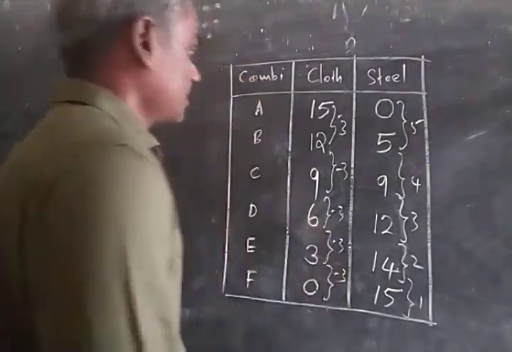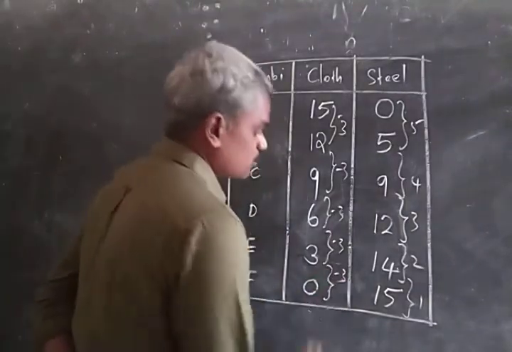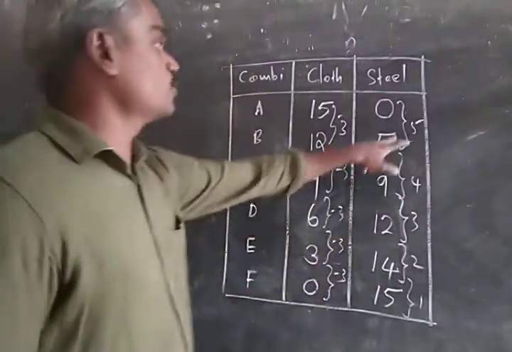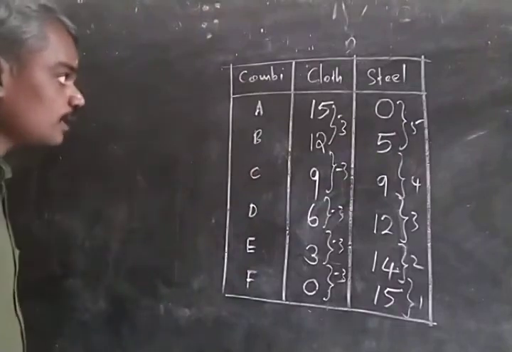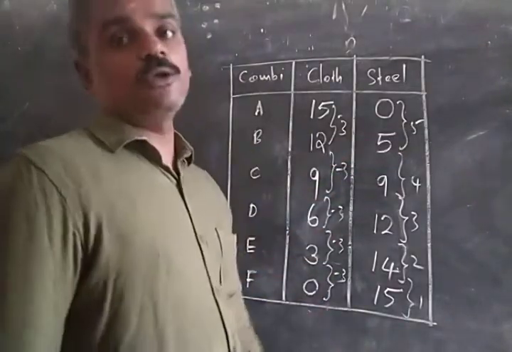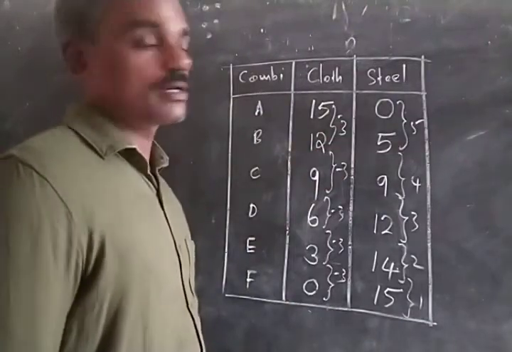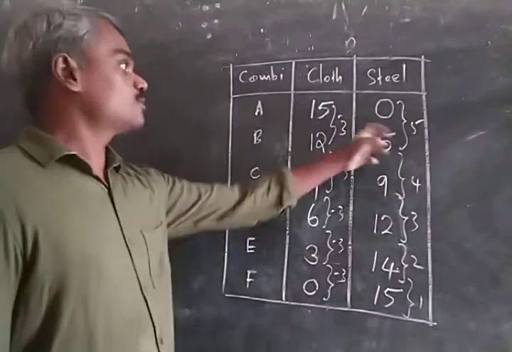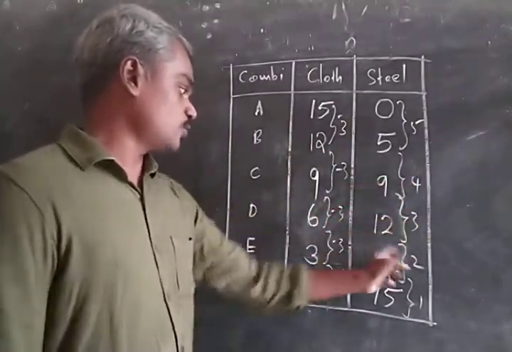Initially, in order to produce 3 units of cloth, the nation needed to give up 5 units of steel, here the movement from 12 to 15. The opportunity cost of producing 3 units of cloth is 5 units of steel. Now it is 4 units, 3 units, 2 units, 1 unit.